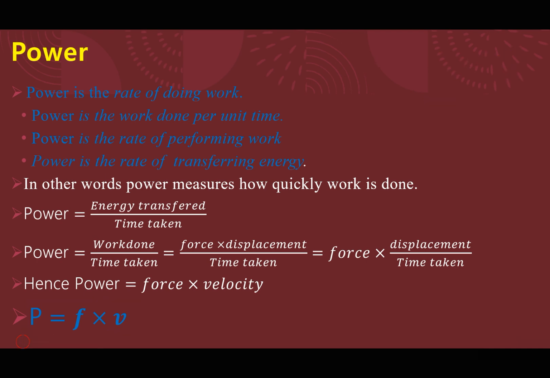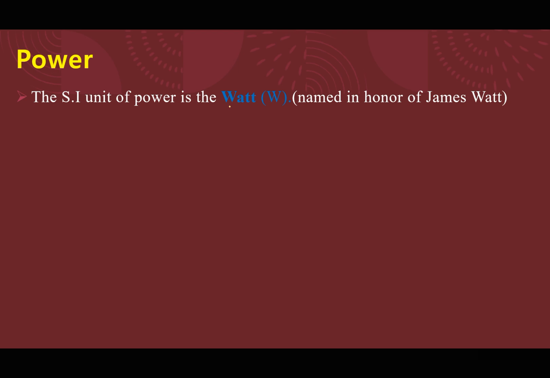Okay, then the SI unit for power. I think the SI unit for power that you mentioned in IGCSE is the watt, named in honor of James Watt, the scientist who was so interested in the concepts of power and relating it to work done. Because power is equal to work done over time taken, and work done is in joules and time is in seconds, 1 watt is the same as 1 joule divided by 1 second.